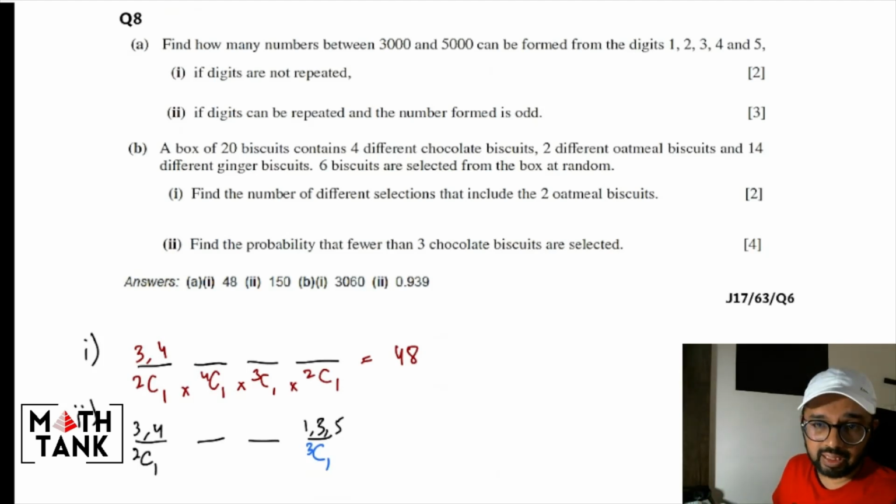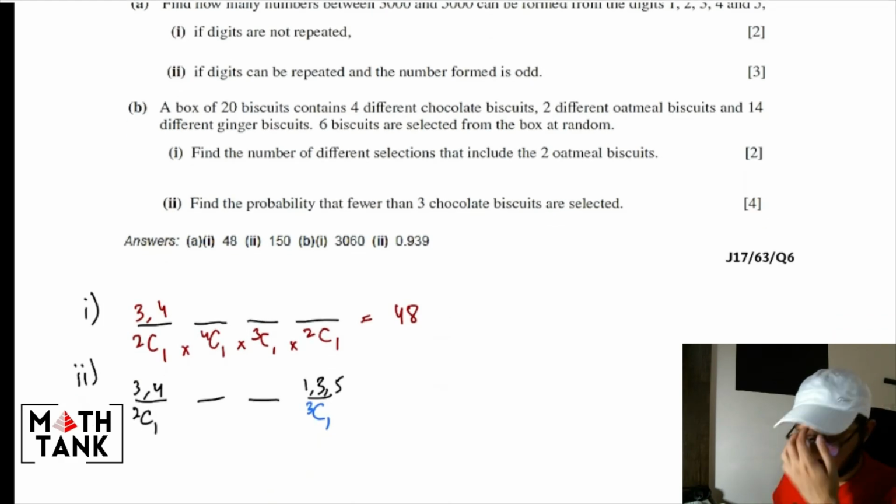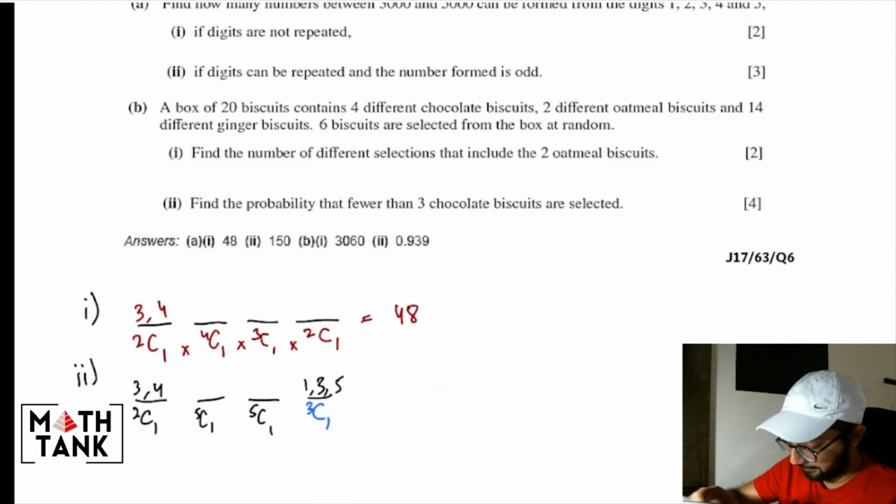But since the digits can be used twice, it doesn't matter. 2C1 and 3C1 fit on the last 2 dashes, and for the other dashes, I have 5C1 choices and 5C1 choices. So that's 5 into 5 into 3 into 2. Yep, that gives me 150.